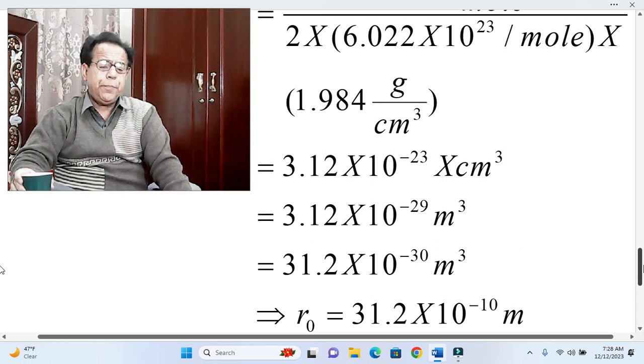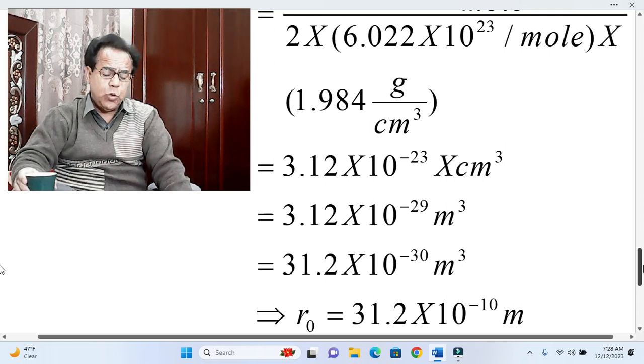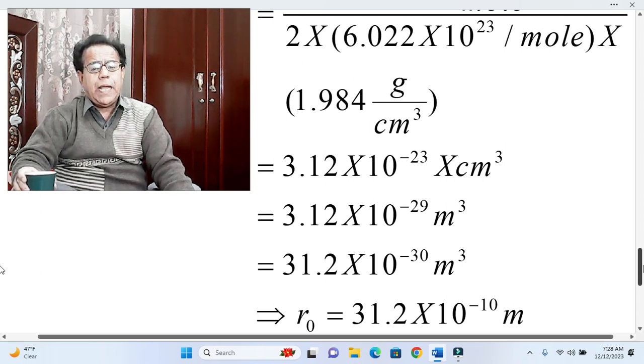Dear students, this is the value of R naught cube, while we have to find out the value of simply R naught. For this purpose, we will have to take the cube root of both sides.